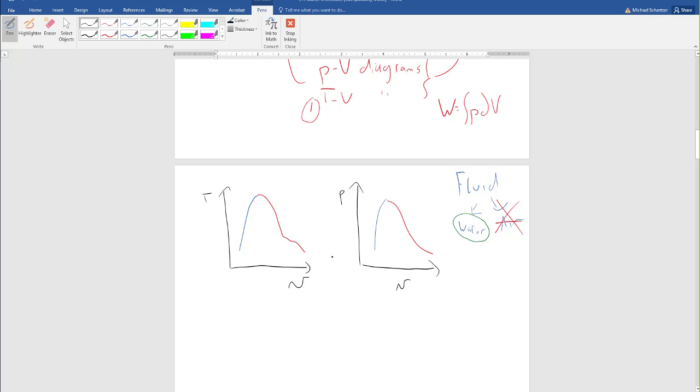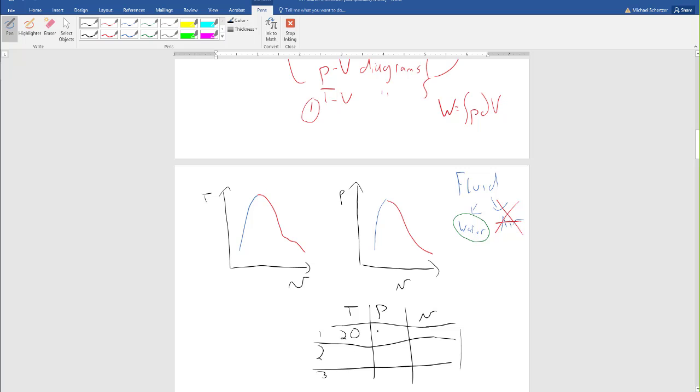If I go back up to my state table, I think what it tells me is that if I looked at temperature, pressure, and specific volume, and I had here states 1, 2, and 3, because we want 3 processes here. I think the temperature initially was 20 degrees Celsius.